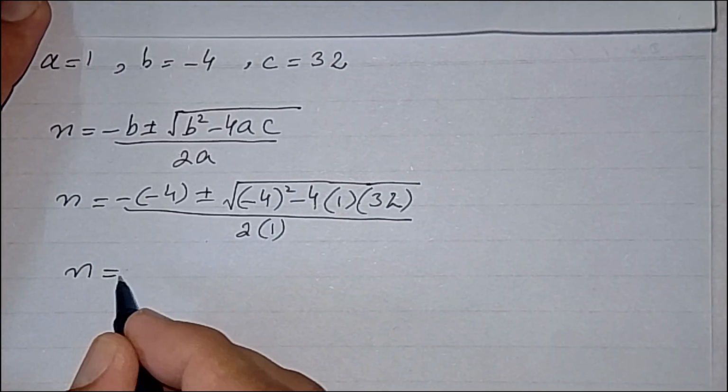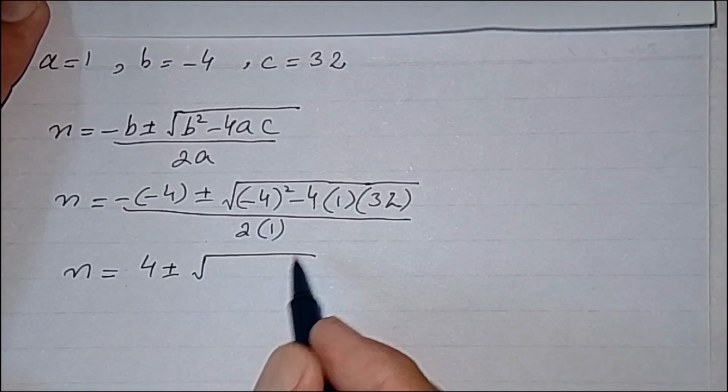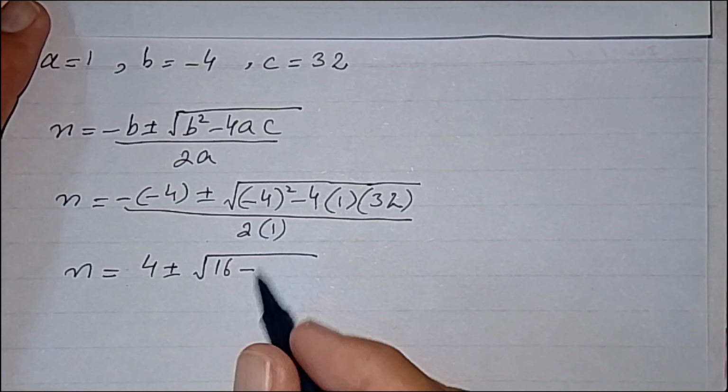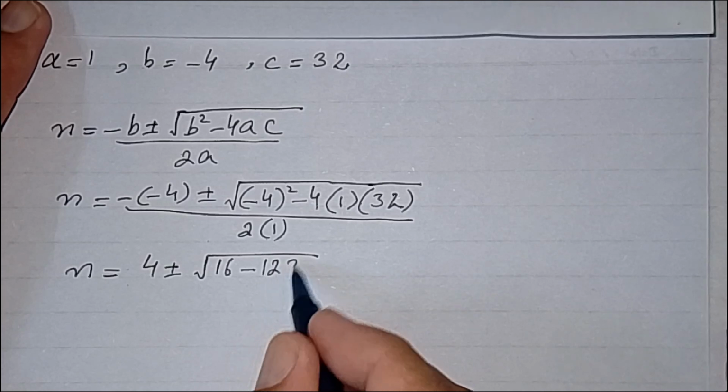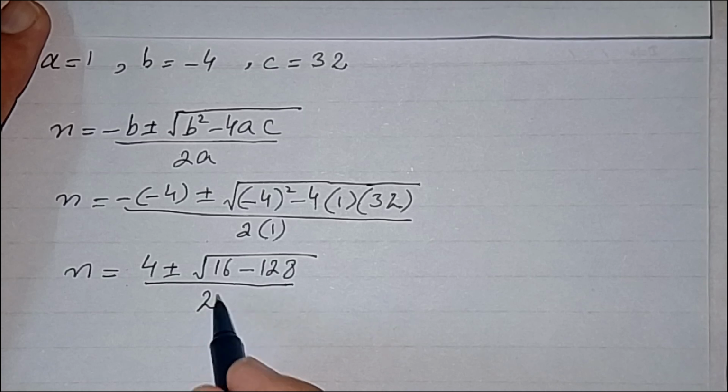N is equal to 4 plus minus under root 16 minus 128 over 2.